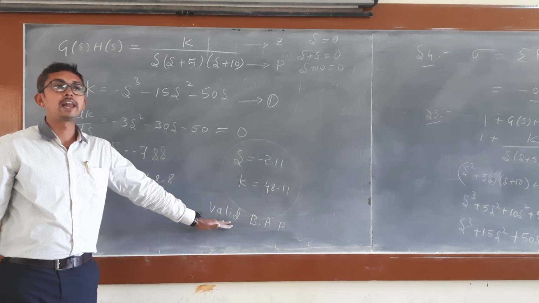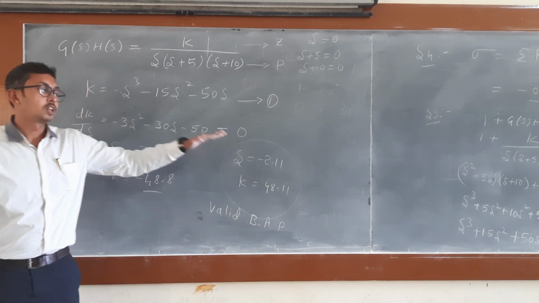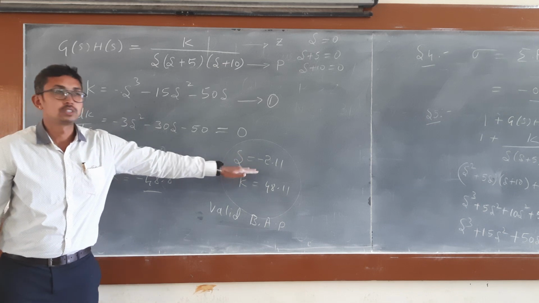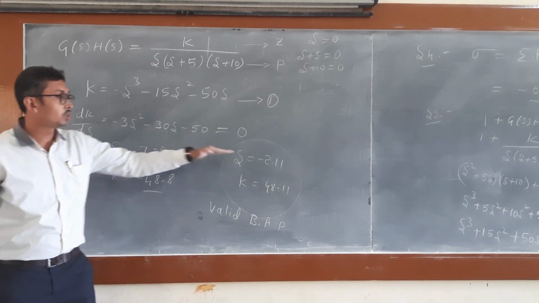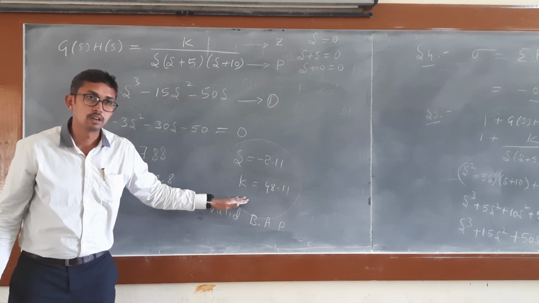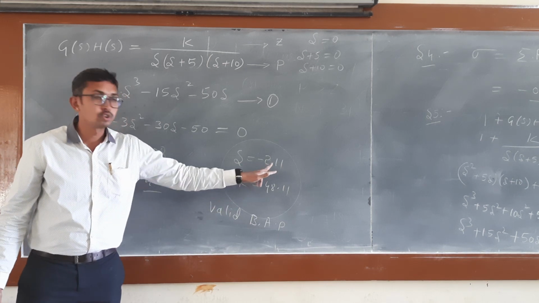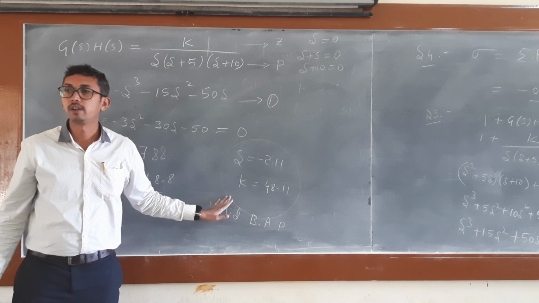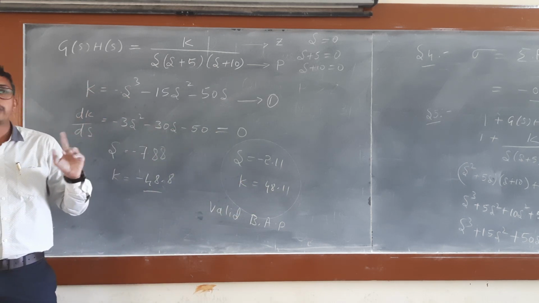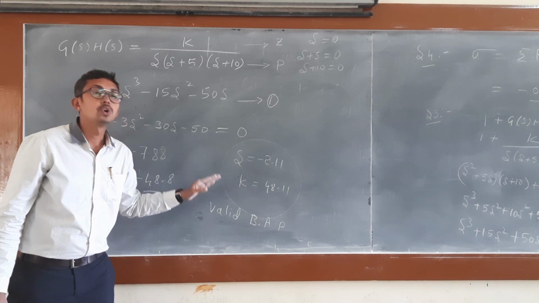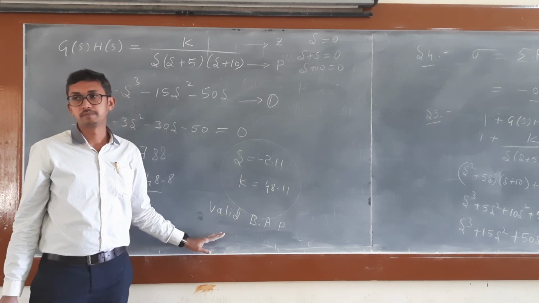When we say a valid breakaway point, we substitute the roots of s in equation number 1 and check in which root we get positive k. When s is equal to minus 2.11, the value of k is positive, that is 48.11. So that is the valid breakaway point.